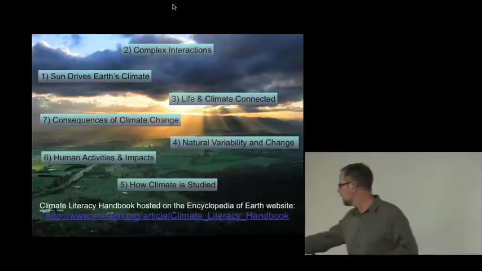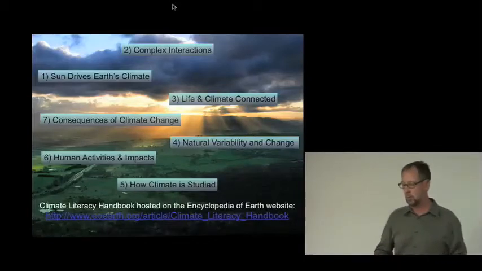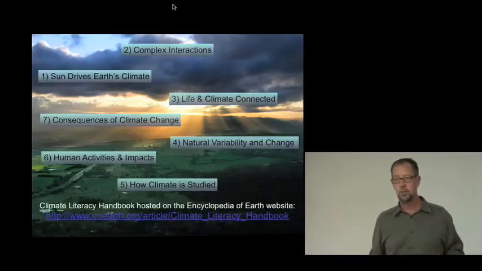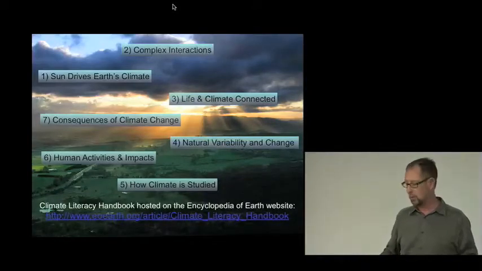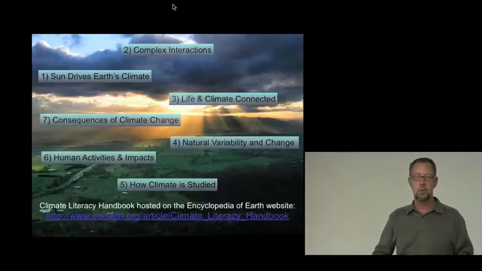We've also developed a climate literacy handbook, which is on the Encyclopedia of Earth. So if you do a Google search on climate literacy handbook, it'll pop up very quickly. This is like an annotated, online version of the brochure there.